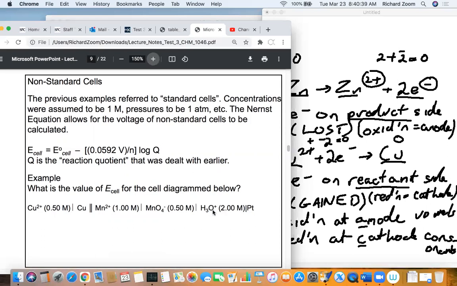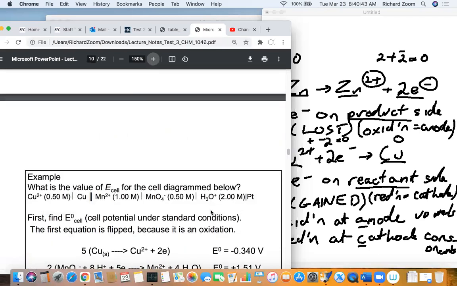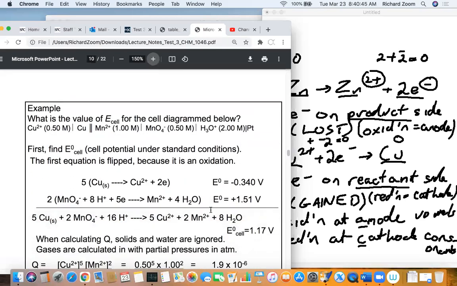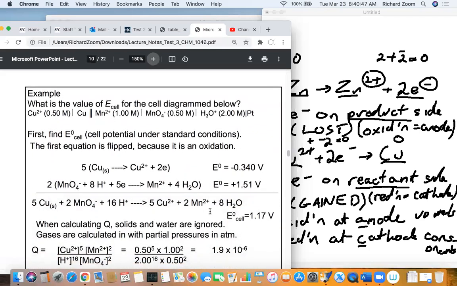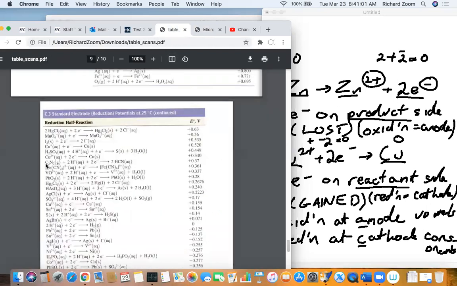Okay, so how do we deal with this? Well, the first thing we do is we still need to figure out what the standard cell potential is. We need to find the E0 cell. Now, in order to do that, what I do is I hunt down the reactions that are going to be listed in the actual cell diagram. So we've got copper 2 plus and copper. So I need to find a reaction involving copper 2 plus and copper, and that's this one here. We found it earlier as well.